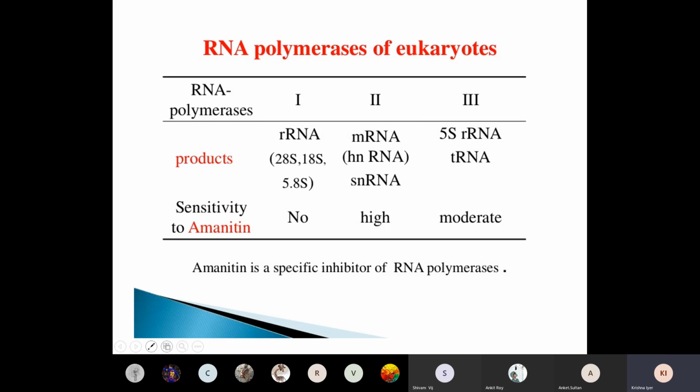Now this amanitin is present in a fungus which is called Amanita phalloides. Amanita phalloides is actually a mushroom. It's very interesting, and I don't know if you know of this. So it is a cholinergic blocker, I suppose?